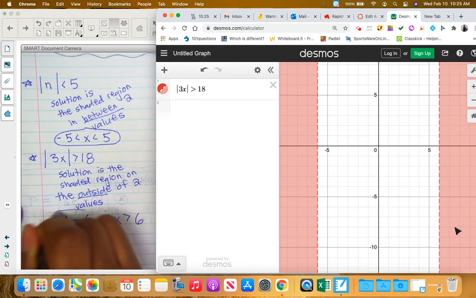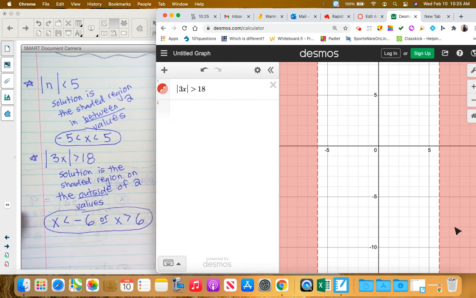So all of this is our answer. So absolute value equations are going to give you two distinct numbers, two distinct points. If it's less than, your region is going to be shaded between something. And if it's greater than, it's going to be on the outside of two values. And you will set it up as an or inequality.